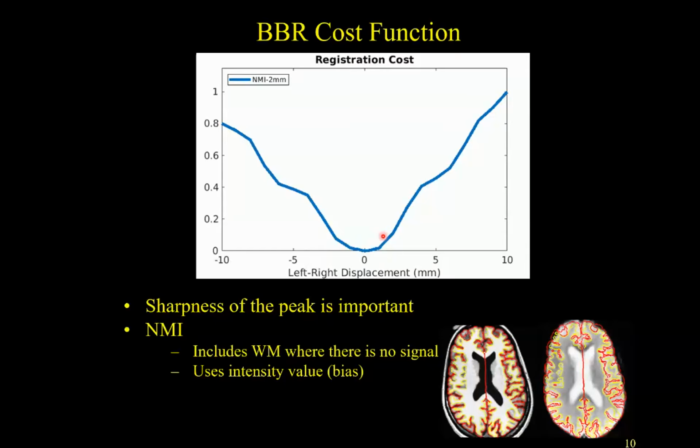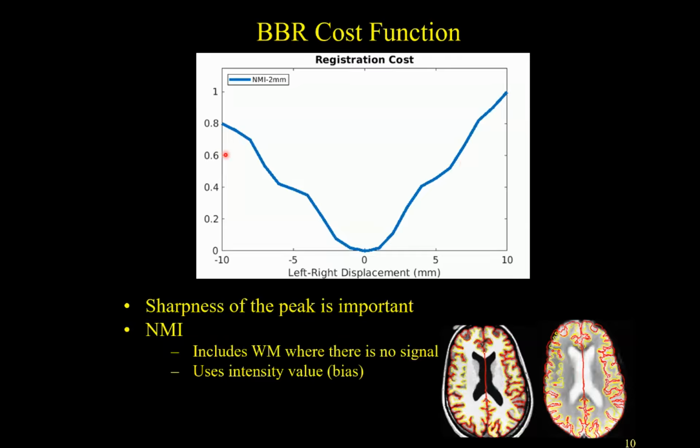I have everything aligned perfectly, and then I displace the functional relative to the structural by, say, 1 millimeter, and I ask what the cost function is there. Then I do 2 millimeters, and then 3 millimeters, and I do it on the other side too. So I'm basically moving the functional back and forth like this, and looking at what the normalized mutual information cost would be. You can see that it minimizes at 0, where everything is in perfect registration.